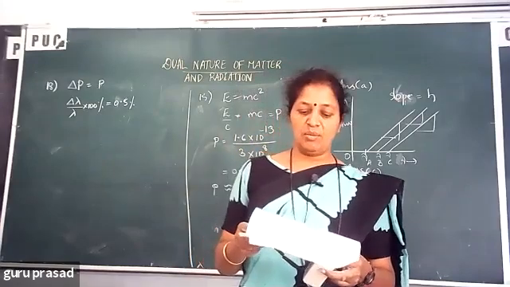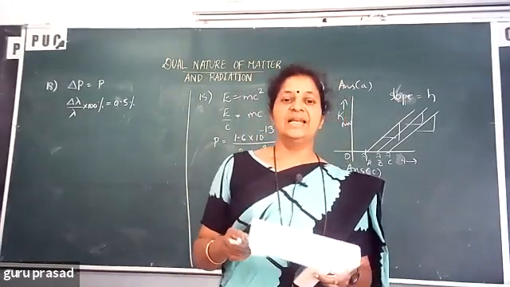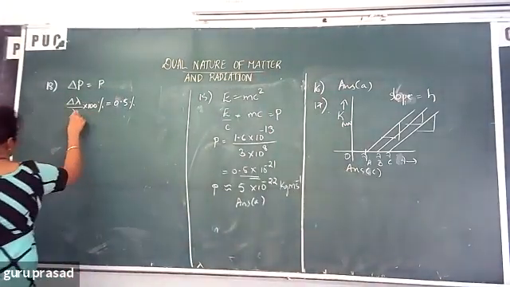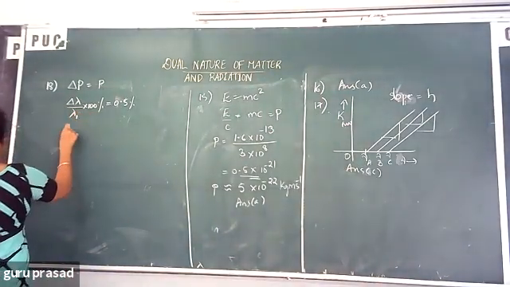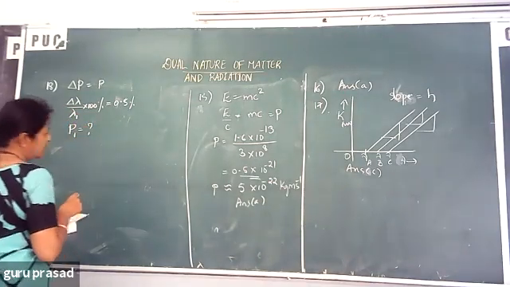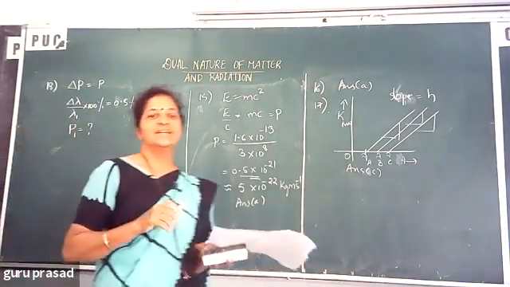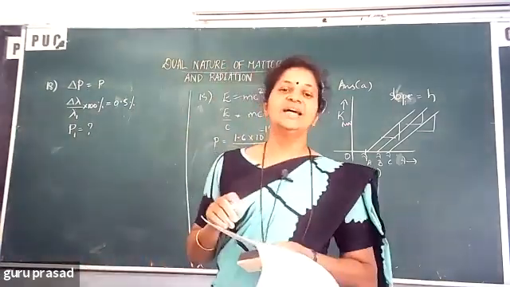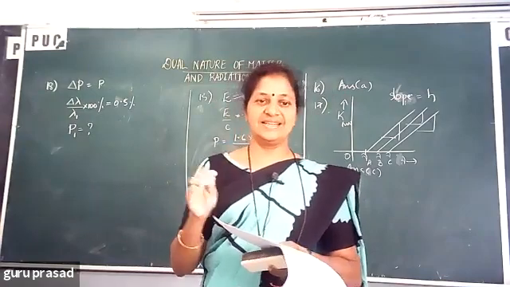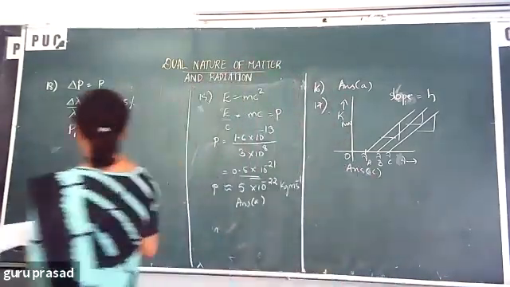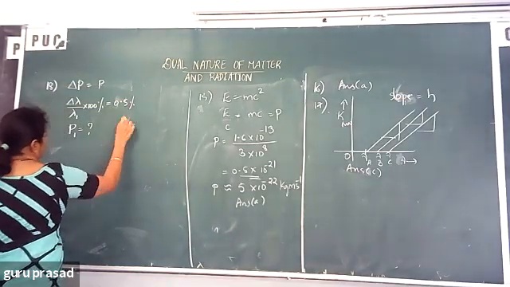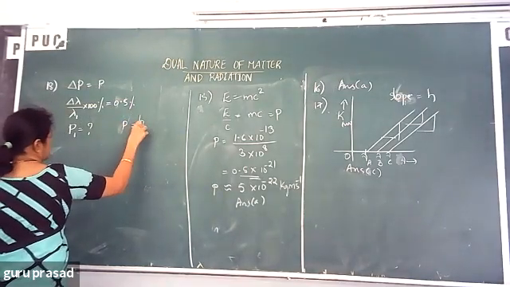What is the initial momentum of the electron? I will take the initial wavelength as lambda 1. Then what is P1? Actually, this is the first PU concept, the concept of error, used to find the percentage error. The basic equation is P is equal to h by lambda.